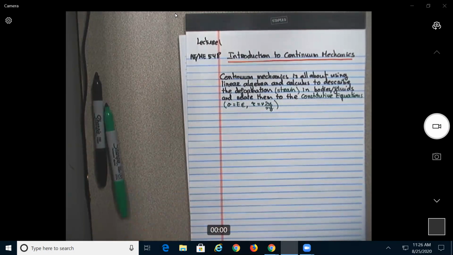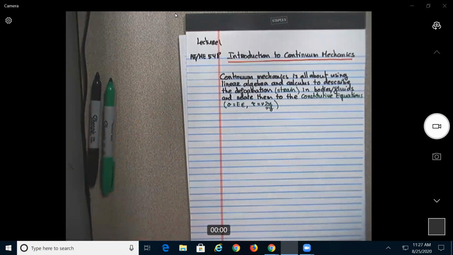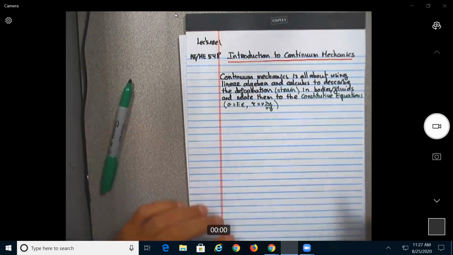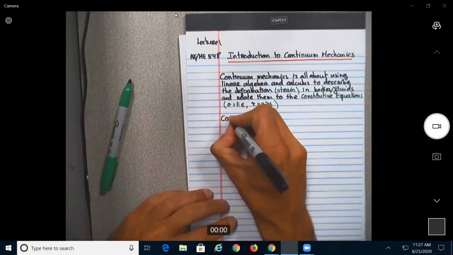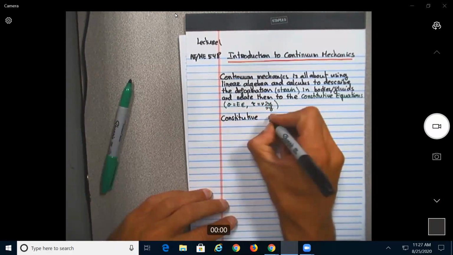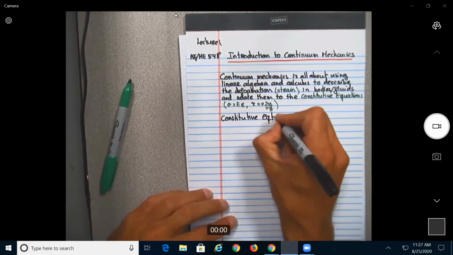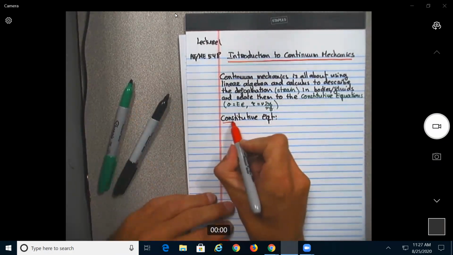All right. So we talk about the constitutive equations. Then we can move a little bit more. Let's talk a bit more about constitutive equations. So let's say here we have the constitutive equation, this is important. This is really what the whole class is about, okay?